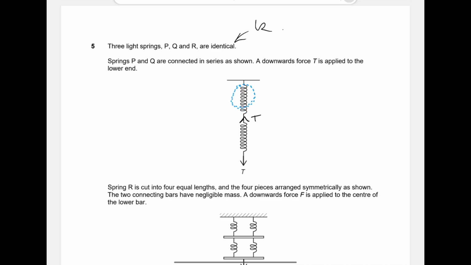And because of Newton's third law, it puts a force of T downwards on the spring above, so that spring above is also going to feel a force T. So the total extension is the extension of each of them, and the extension of a spring is the force over the spring constant. So that's going to be 2 times T over K, which is 2T over K.